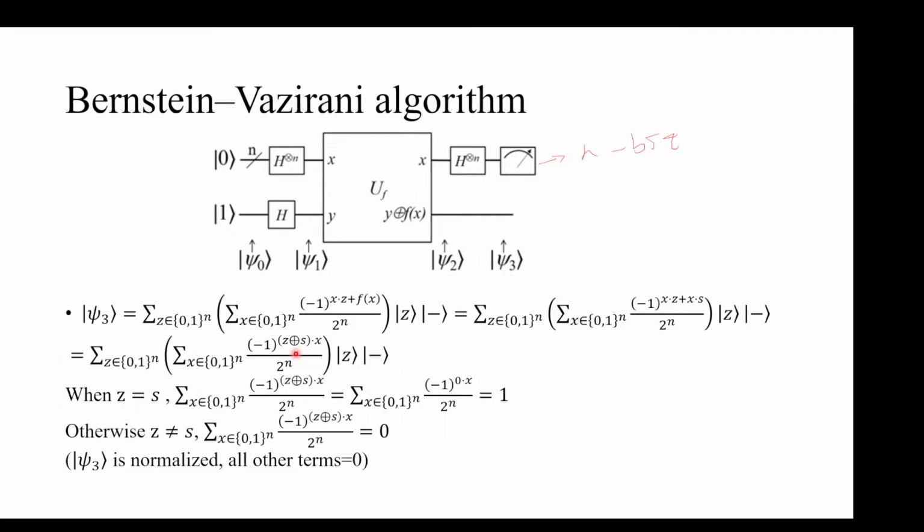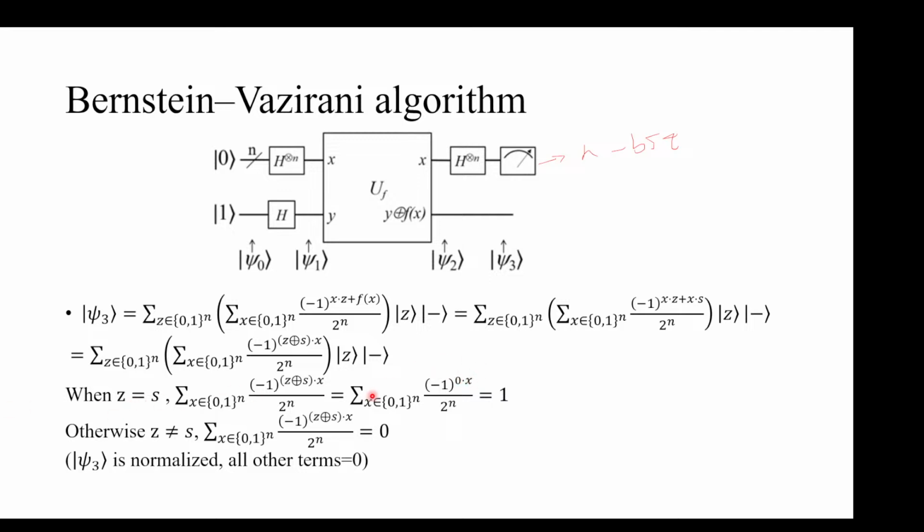When z equals s, then z plus s equals the 0 string, basically because 2 equals 0 when you mod 2. So z plus s is 2z mod 2, which is just the 0 string. Then you have the 0 string inner product with x, and that will just be 0 all the time.